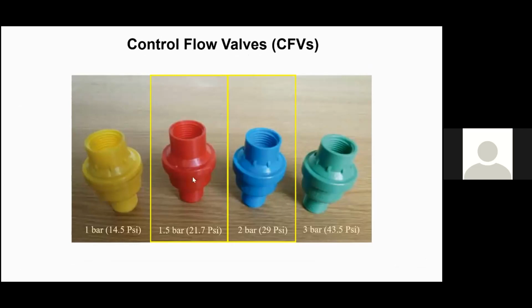They are of different measurements: 1 bar, 1.5 bar, 2 bar, and 3 bar. In malaria control or the vector control program for public health, we are using 1.5 bar, that is 21.7 pounds pressure per square inch. That is being used for the public health vector control program.